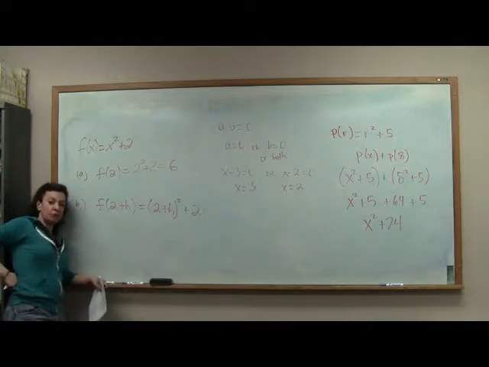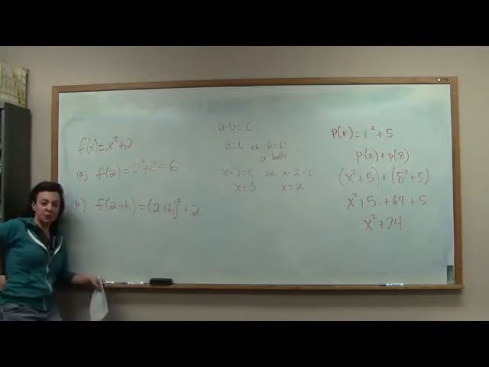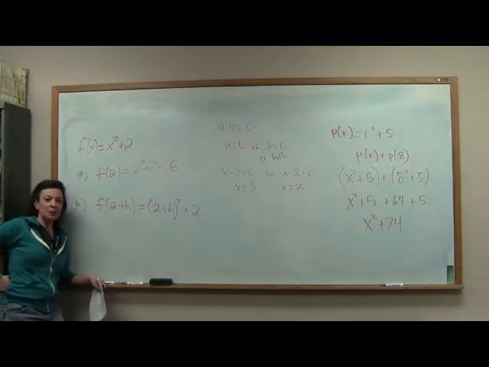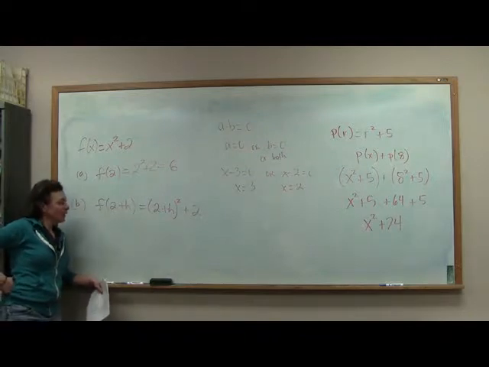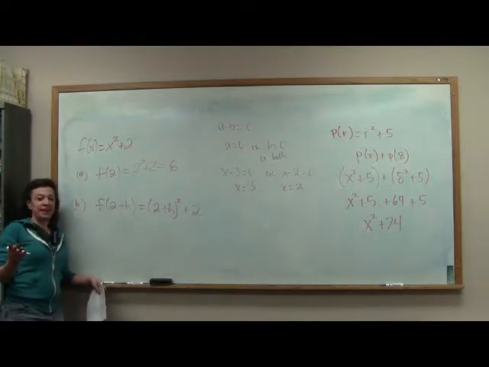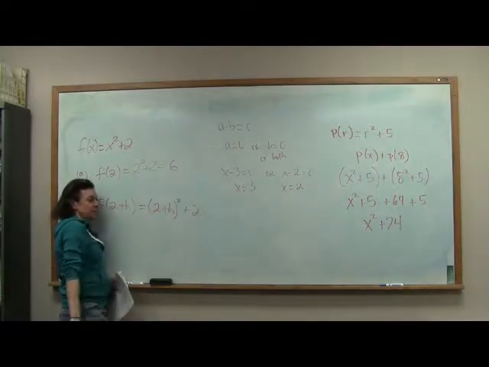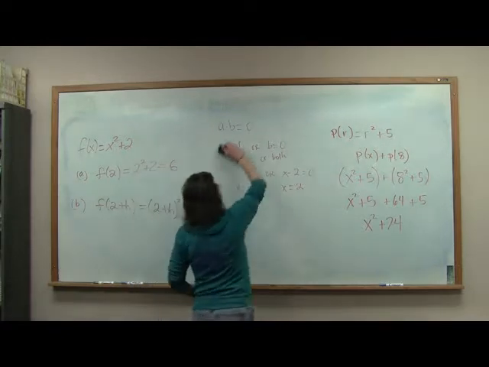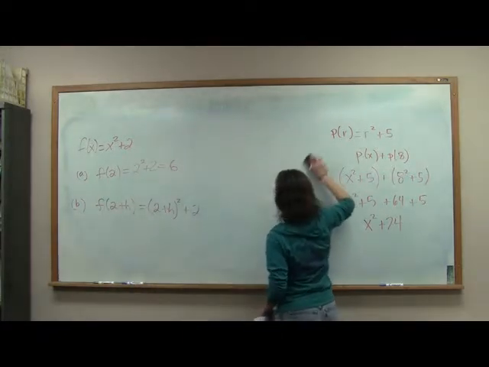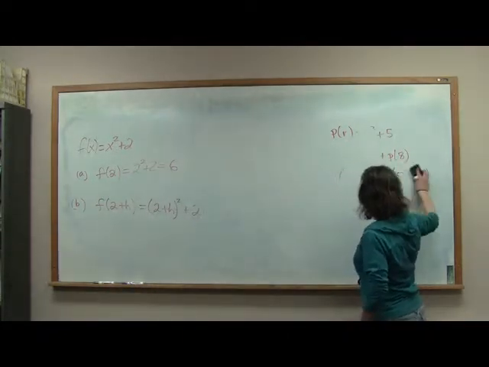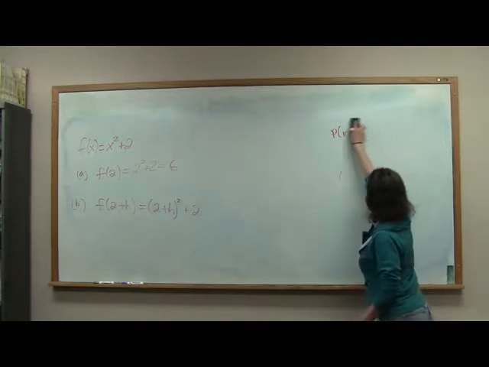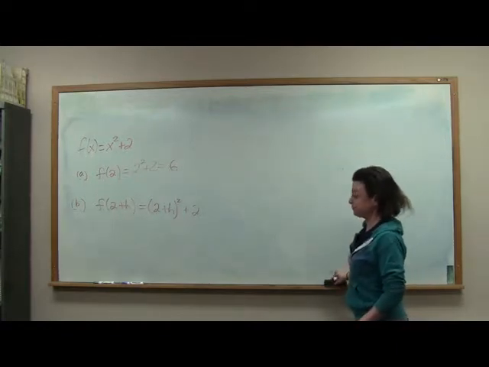This is really important, especially for those of you who are going on to calculus. You'll be playing with this stuff. Now, I would like to simplify this. I don't like it when things are left like that. So, why don't we do some side work to assess what is 2 plus h quantity squared?